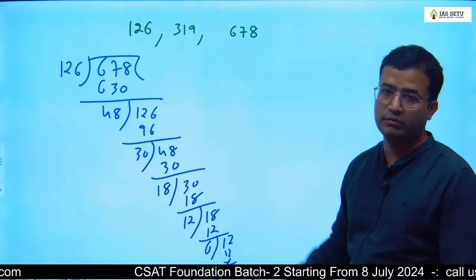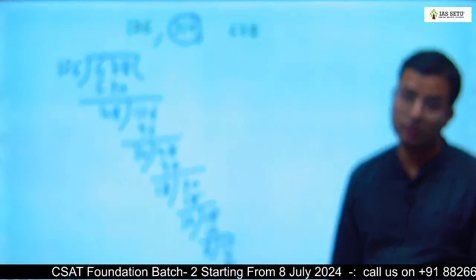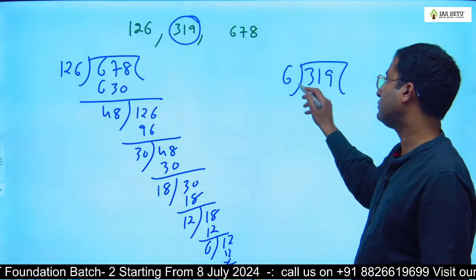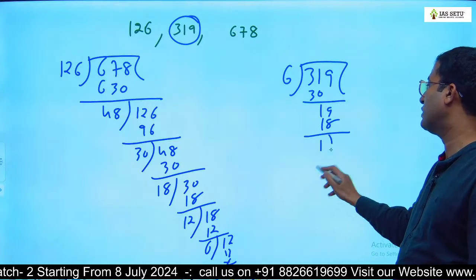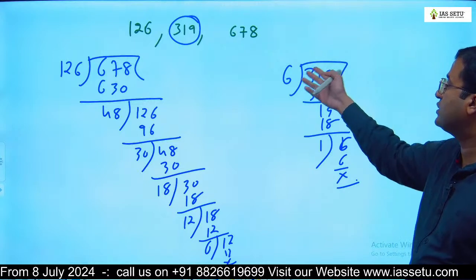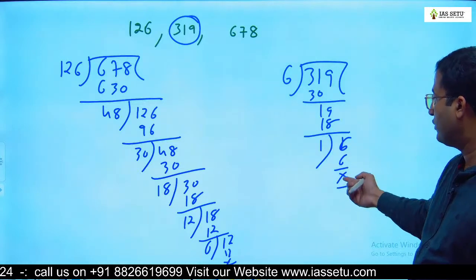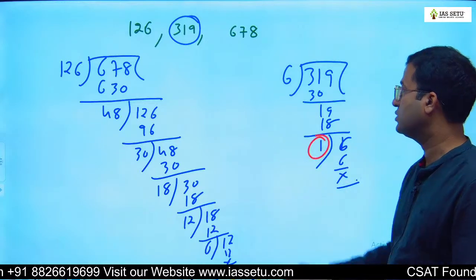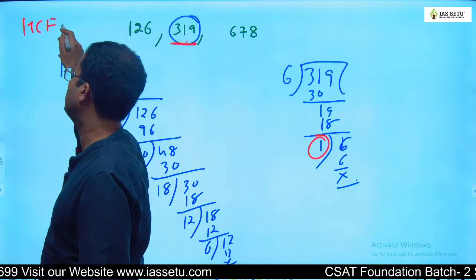These two numbers give you 6, but we have one more number, an odd number, so 6 cannot be the answer. 31 came. So since it is not divisible by 6, our last remainder is 1. Then remainder 0 came, so the last divisor is 1. Because of this number, the HCF is 1.